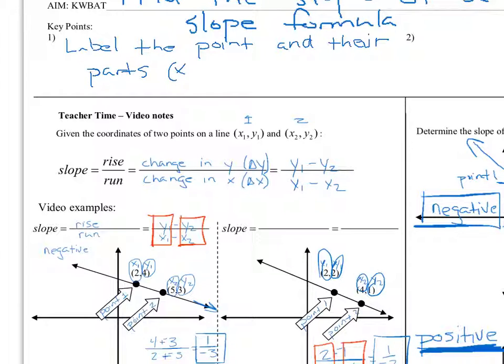I'm just going to put in parentheses so we know what that means: x1, comma, y1, and x2, comma, y2. Those are the things that we need to label.